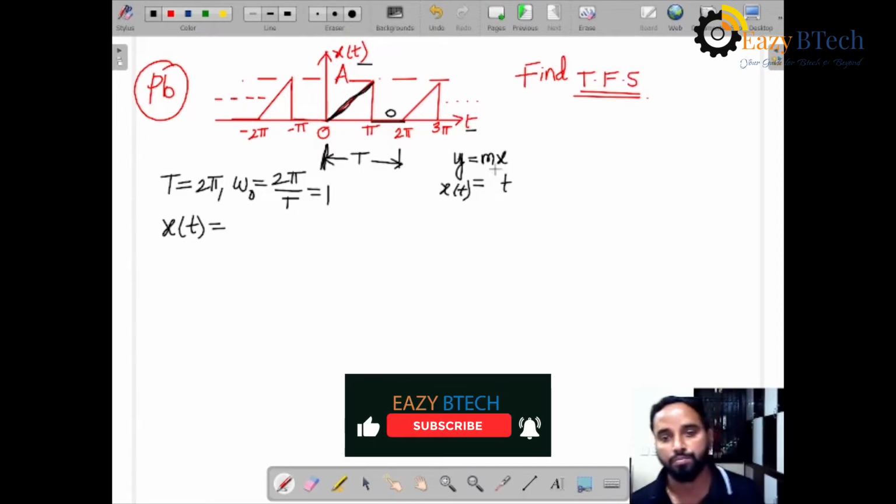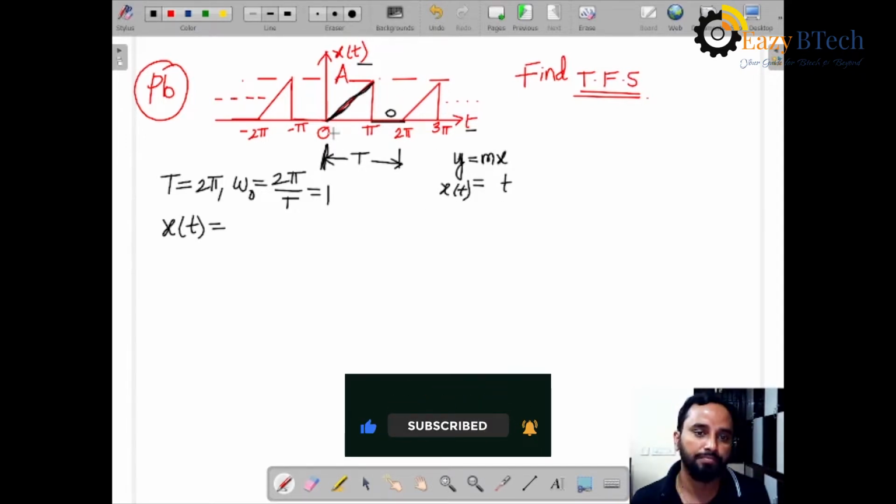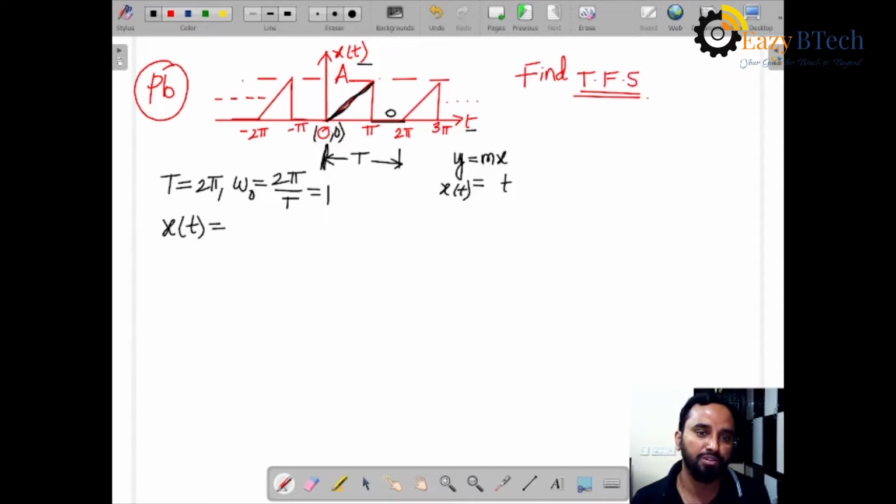So what about the slope? Let's find the slope here. This point is (0, 0), and what is this point? (pi, A). Generally a point is (x, y): first the x coordinate, then the y coordinate. x is pi, y is A. So now slope m is (y2 minus y1) by (x2 minus x1), that is (A minus 0) by (pi minus 0).